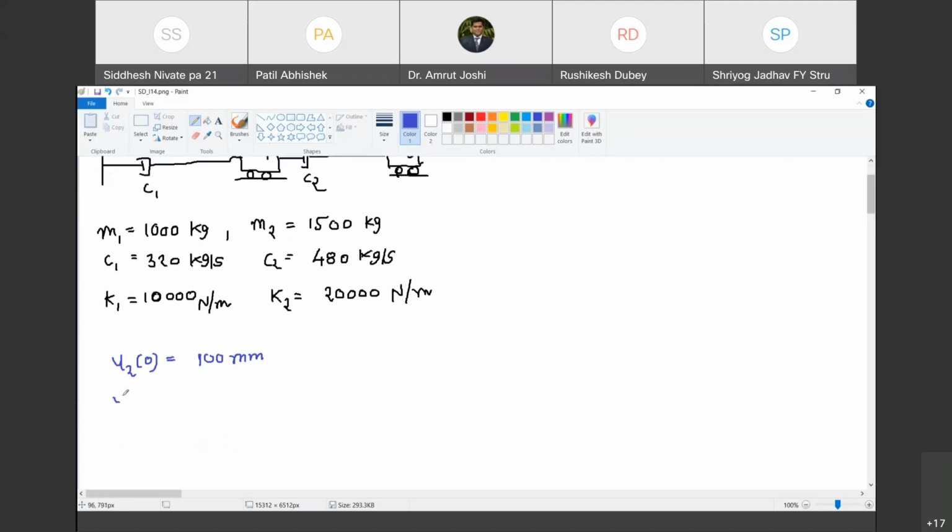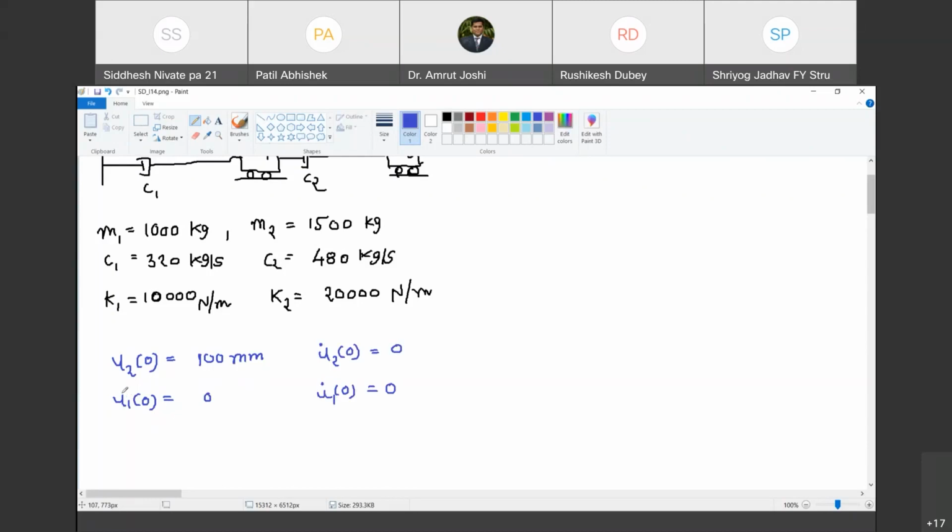And U1 of 0 is 0. Similarly, U2 dot of 0 is 0 and U1 dot of 0 is 0. So the system starts from rest.